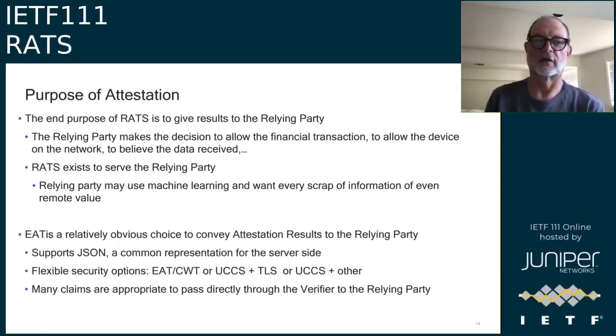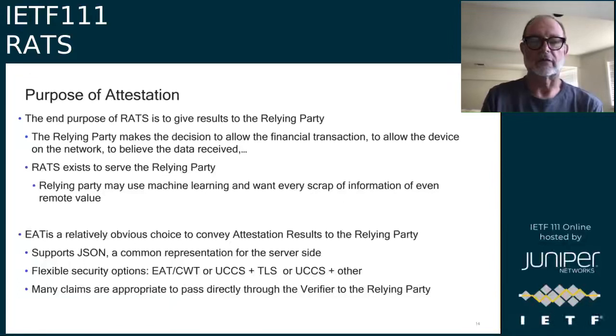So serving the relying party is our goal here. That's what we're trying to do. And also observe that a lot of relying parties may use machine learning, and they want every scrap of information that is even of remote value, just because there might be some correlation between something that no one thought there was a correlation between.